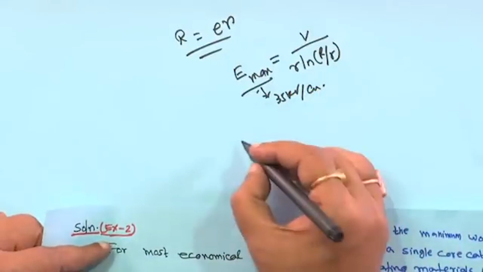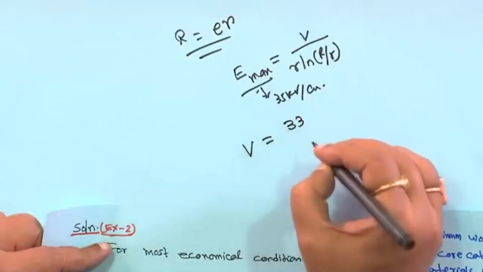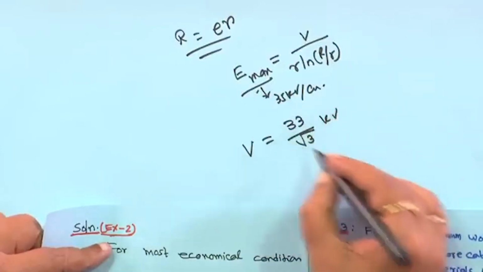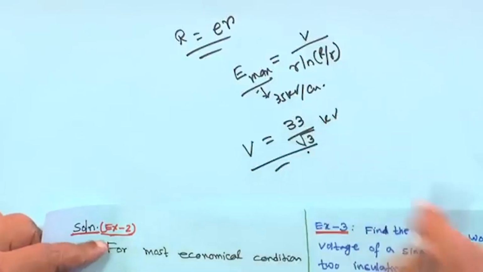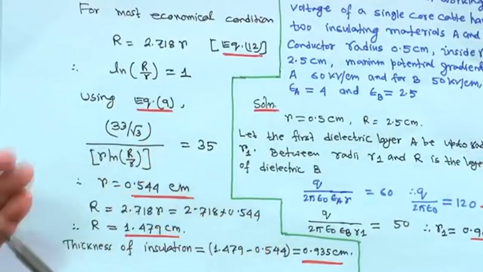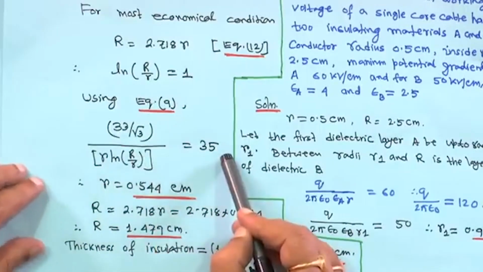The line to line voltage is given as 33 kV, so line to neutral is 33 by root 3 kV. So this is your V. Therefore, 33 upon root 3, then r into ln R upon r is equal to 35.